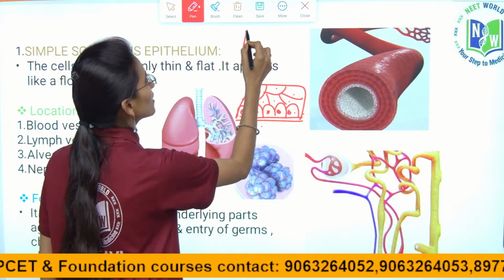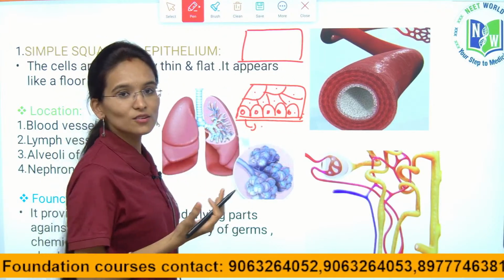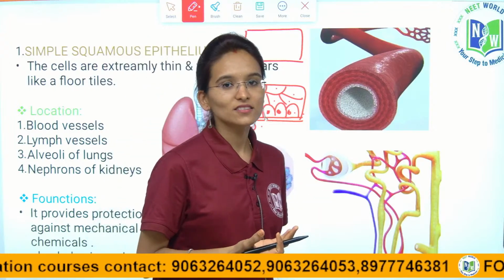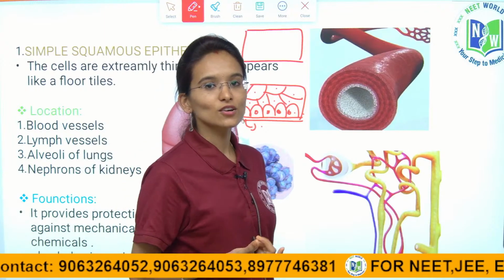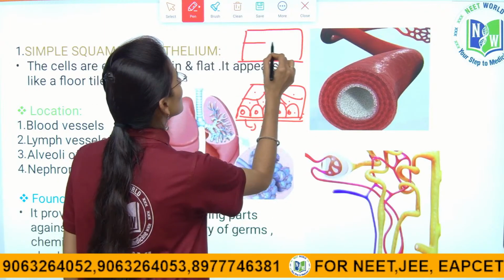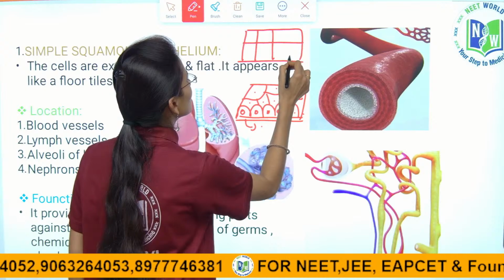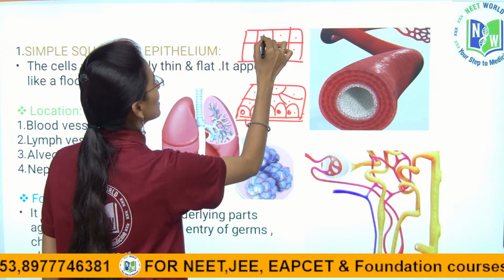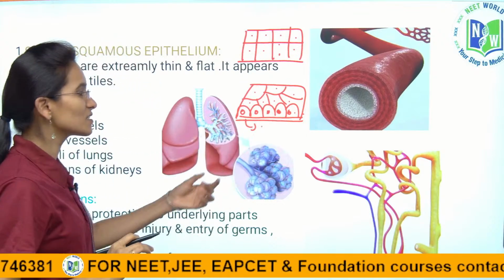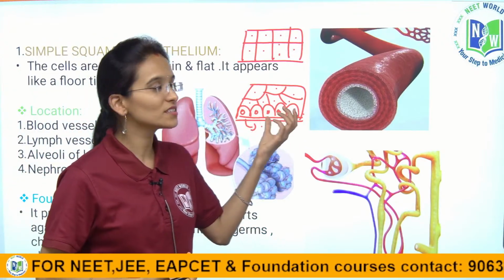In our daily life, in our home also, tiles are going to be present, right? So, this actually looks like a single tile which is present on the floor. Yes, see, like this. And each cell will acquire only one nucleus. This is just the simple arrangement of this tissue.